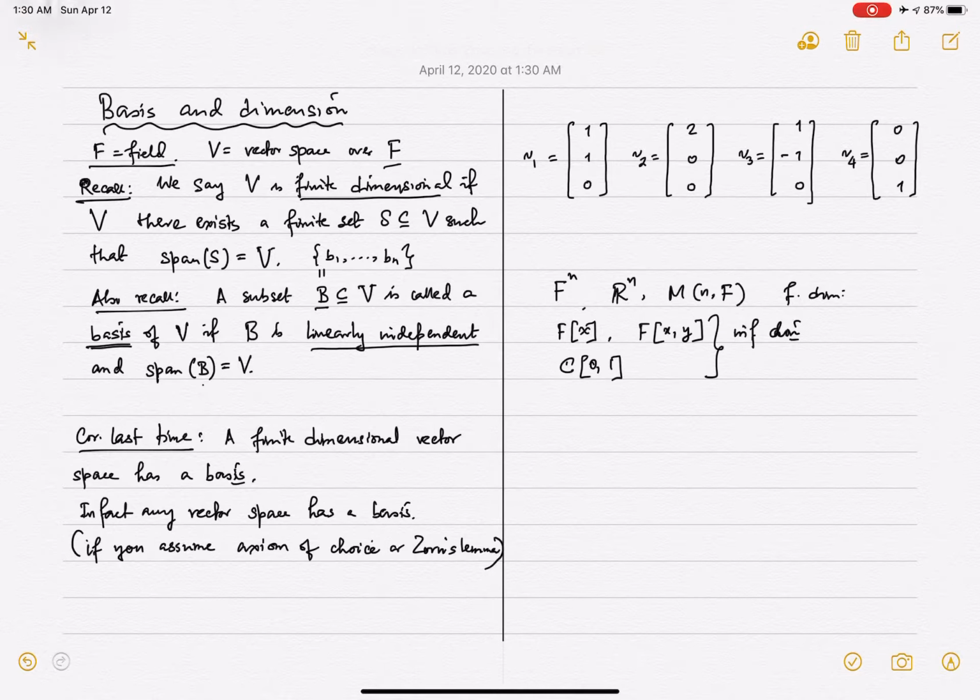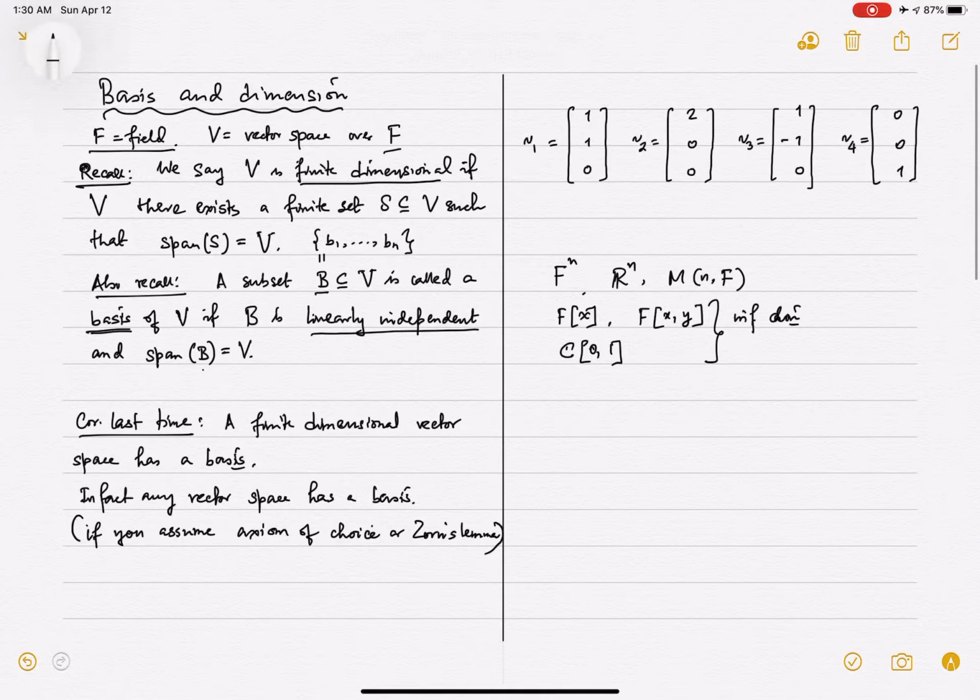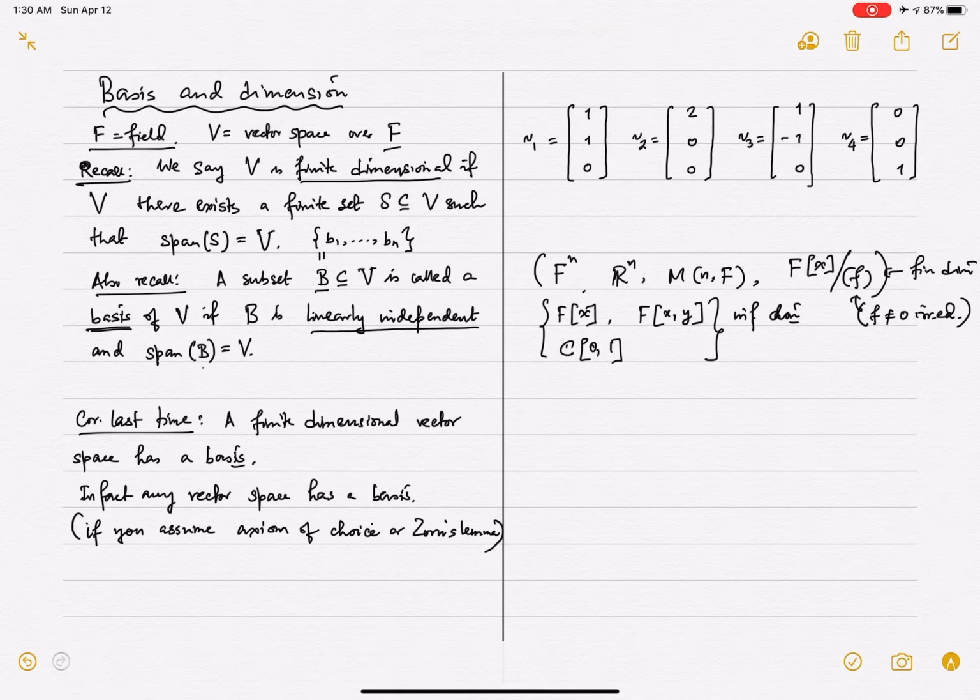I want to add another example here because these are the ones we'll study. These are finite dimensional. This f is non-zero. It doesn't even have to be irreducible, non-constant, yeah, non-zero is good enough. These are some finite dimensional F vector spaces, these are some infinite dimensional vector spaces. We'll be mostly concerned with these.